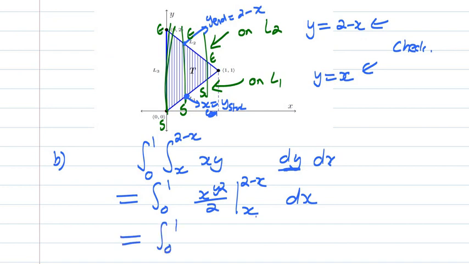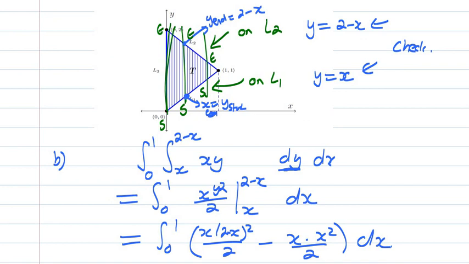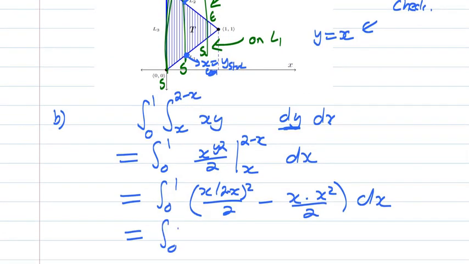And now you replace all the y's with 2 minus x, squared over 2, and then it's x times x squared over 2. And don't forget the dx. If you do this calculation, it simplifies to 2x minus 2x squared dx.